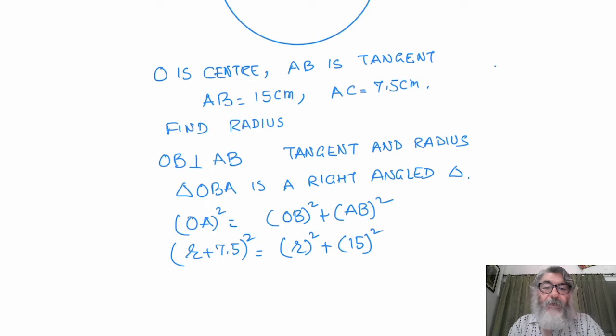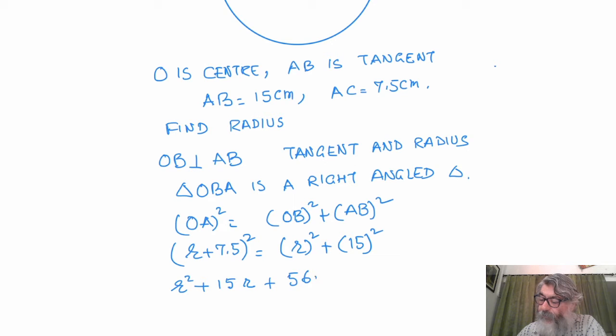On the left hand side, (R plus 7.5) whole square is R square plus 15R, because 2AB, 2 into 7.5 will be 15R, plus 7.5 into 7.5, which I've already calculated, is 56.25. That is equal to R square plus 225. Square of 15 is 225.